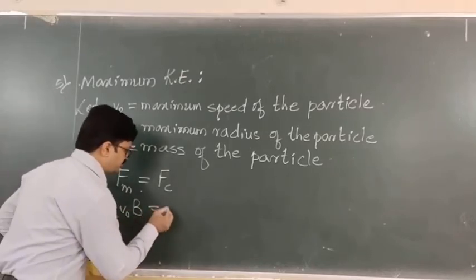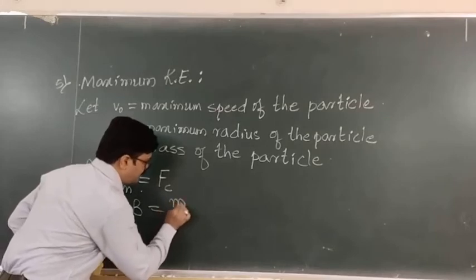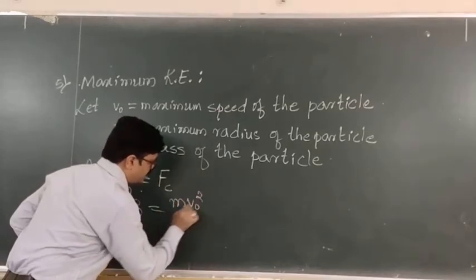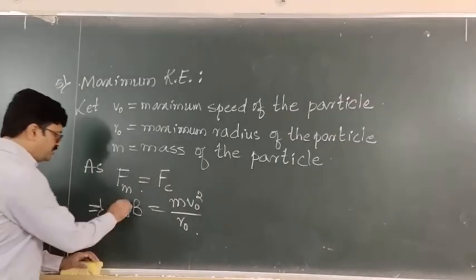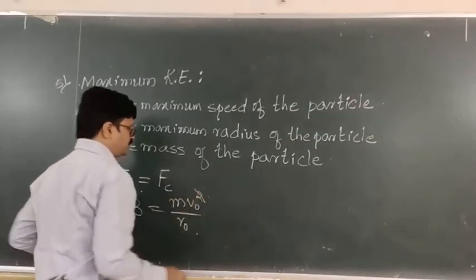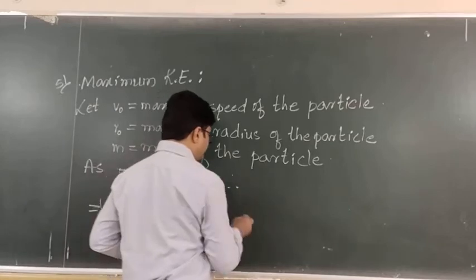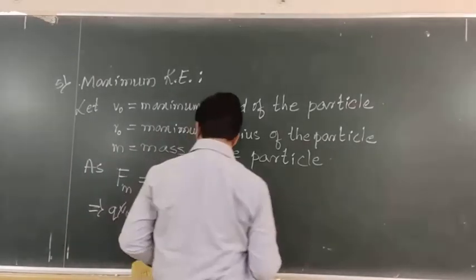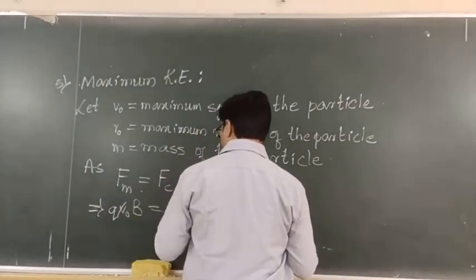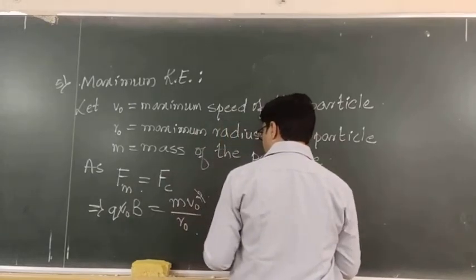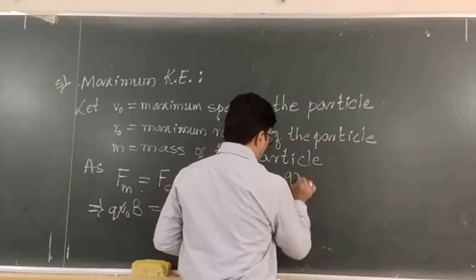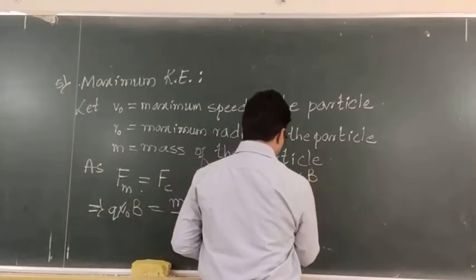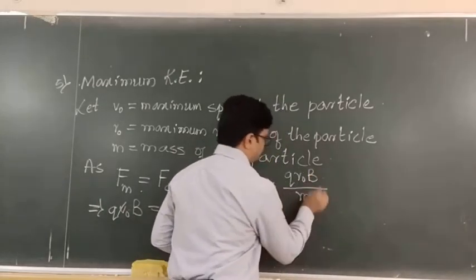So this is equal to Fc, which is m into v0 square divided by R0. Fine. So over here we will cancel out one v0. Therefore I can say v0 is equal to, so let me find v0 here, q into R0 into B divided by m.